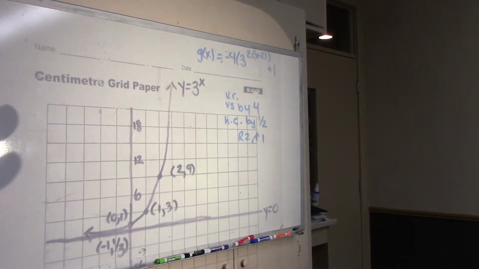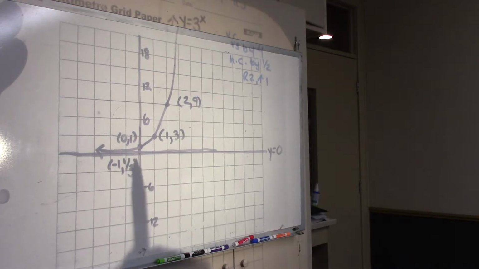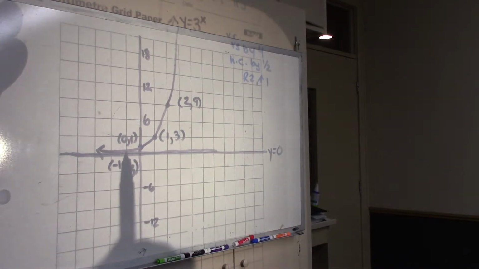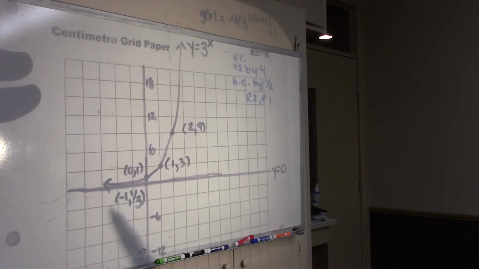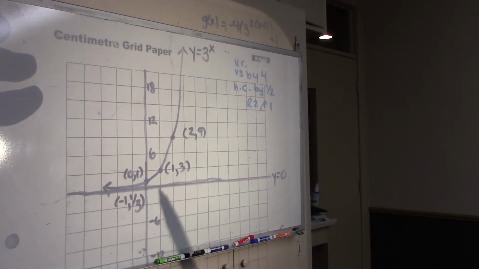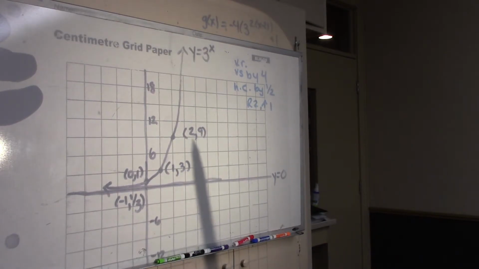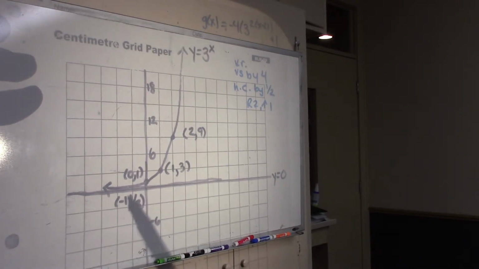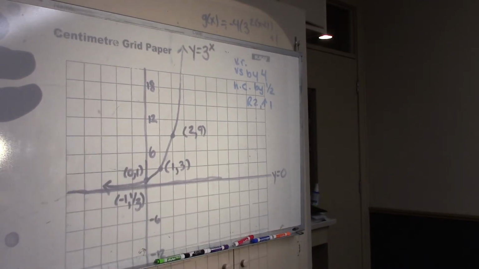So I just take the points. I'm going to start with -1, 1/3. Notice I plotted my graph of 3 to the x. So I always have 0, 1, but then 1, when I put it in, 3 to the 1 is 3, and then 3 to the power 2 is 9, and then -1, 1/3.